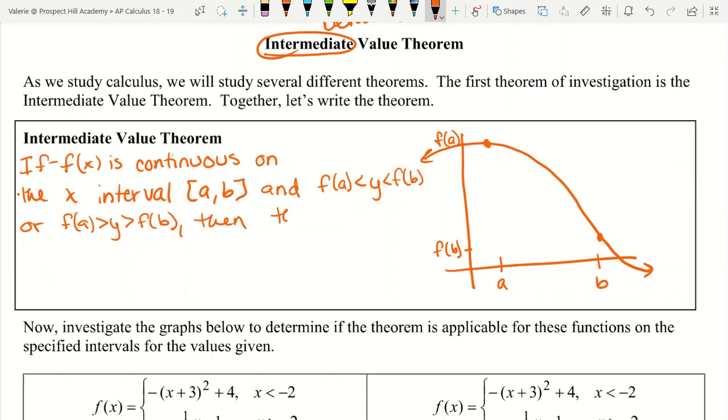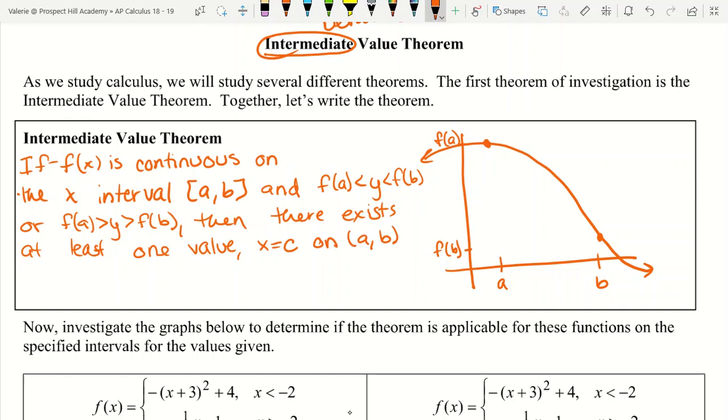Then there's at least one value x equals c on (a, b). So some value of c between our x's a and b.